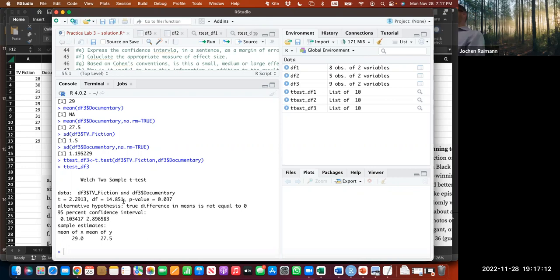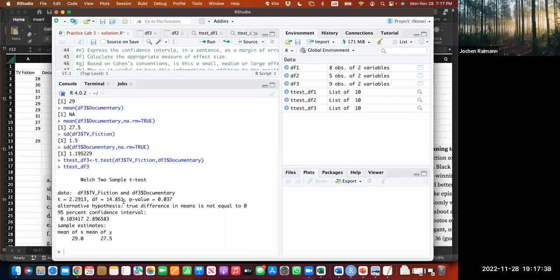If you have 2 cohorts or 2 samples, the number of all entries in both cohorts added, minus 1 for each of those groups, gives you the total degrees of freedom. So for 9 plus 8, 17, minus 2 groups, we're at 15. So the total degrees of freedom is 15.